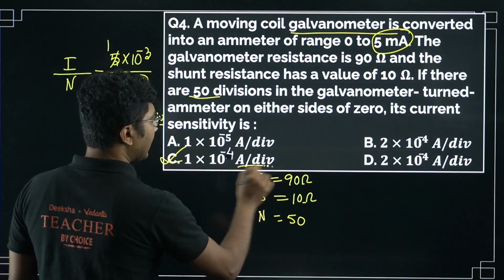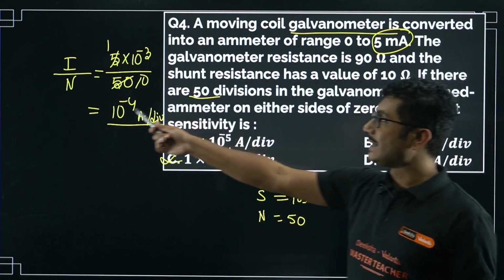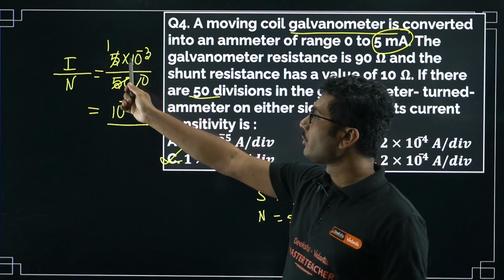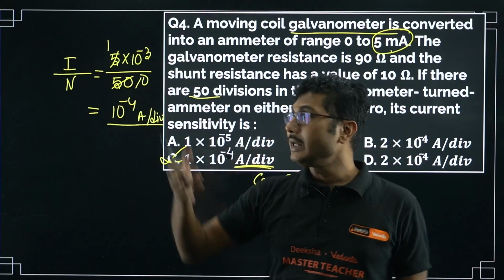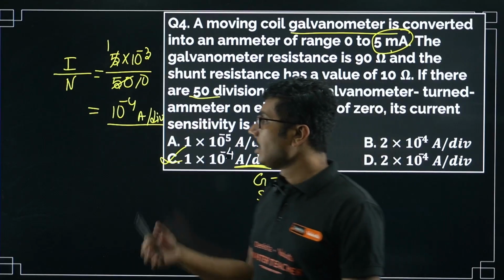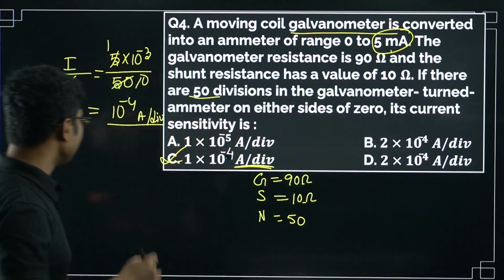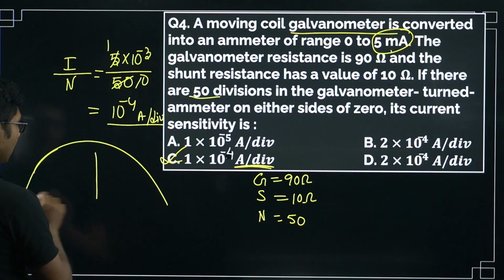So the unit basically gives you the idea how to solve it. You just have to take the maximum current it can measure divided by the range of divisions, and that gives you the sensitivity. Now it is said both sides of the galvanometer.